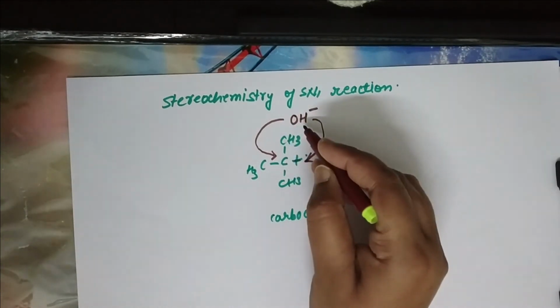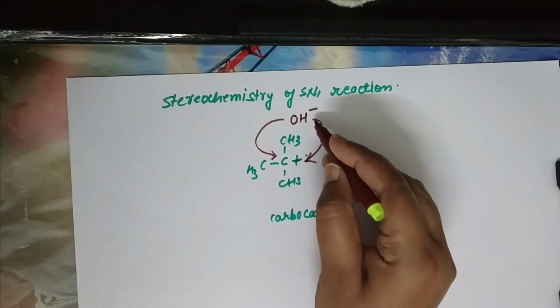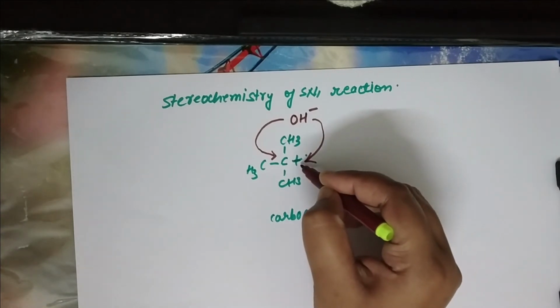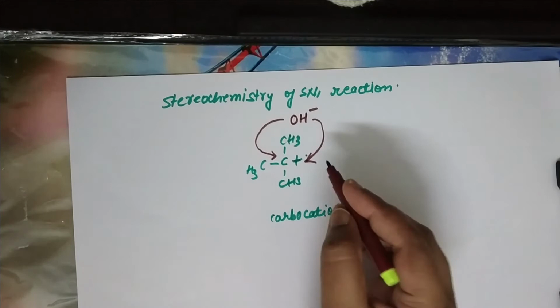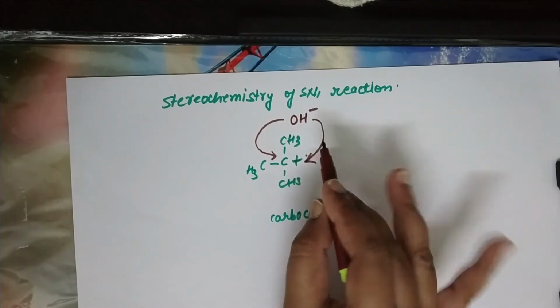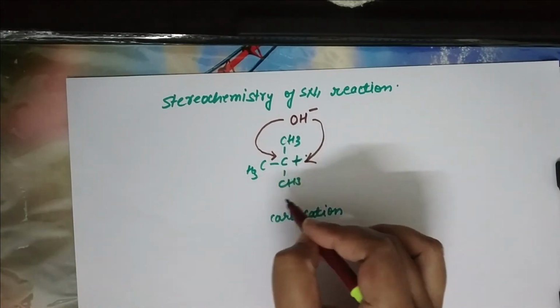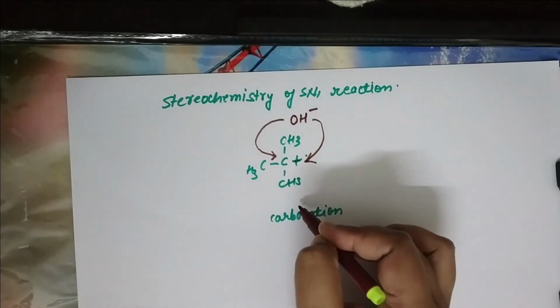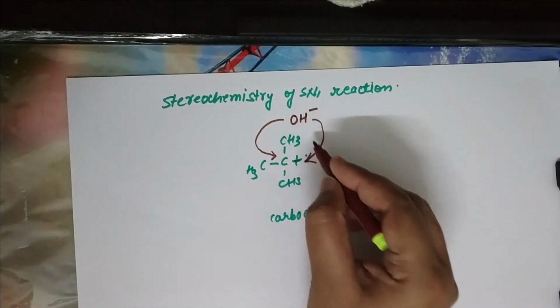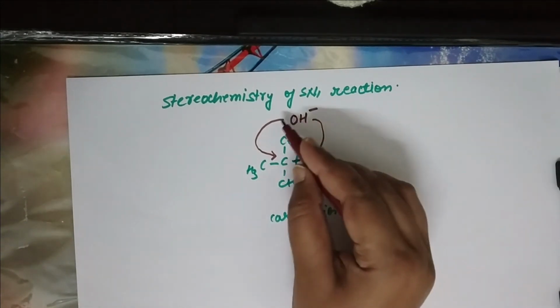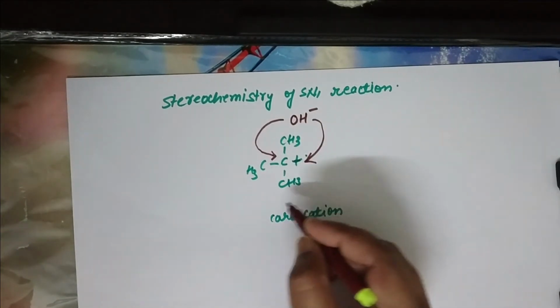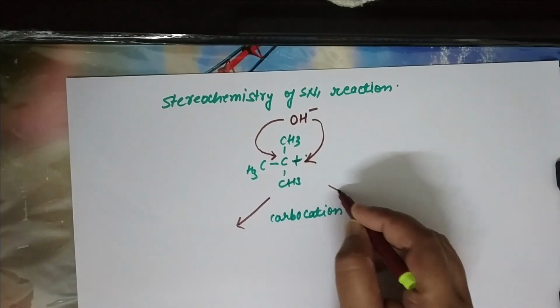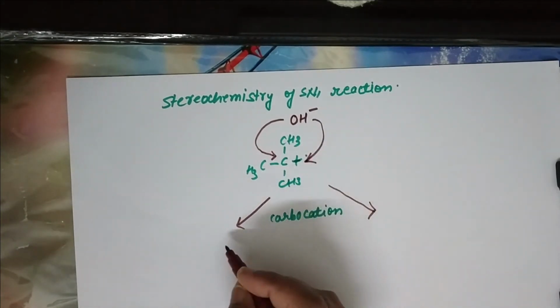So this nucleophile can attach to carbon from this side or from the back side, because the bromine has already left the tertiary butyl bromide and it became a carbocation. So there is a possibility of formation of two types of product.